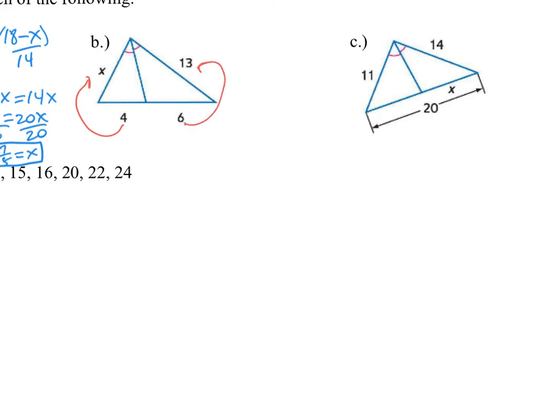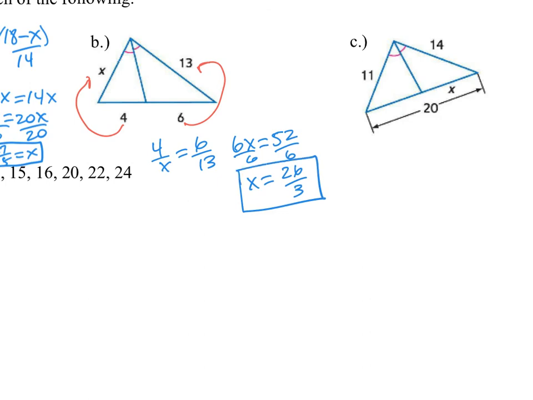We can say 4 over x is the same thing as 6 over 13. We'll cross multiply and get 6x is equal to 52, since 4 times 13 is 52. Divide both sides by 6, and we get x equals 52 over 6, which we could reduce, since they're both even, to 26/3.